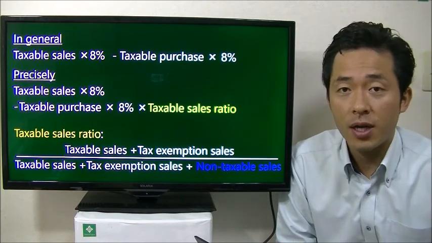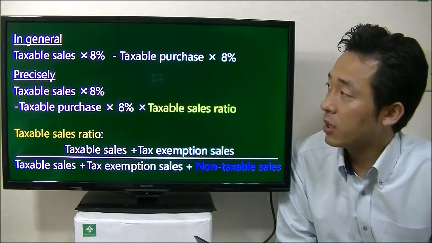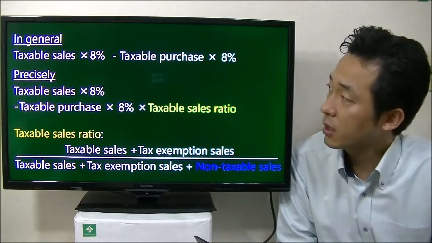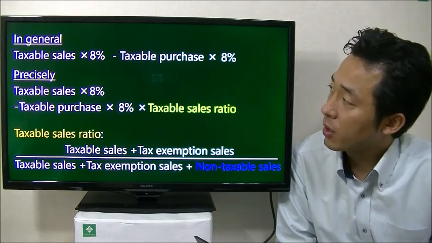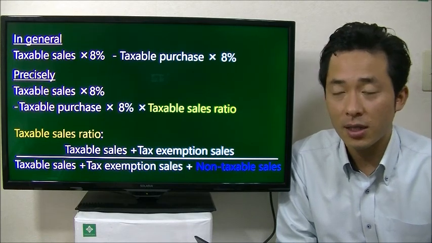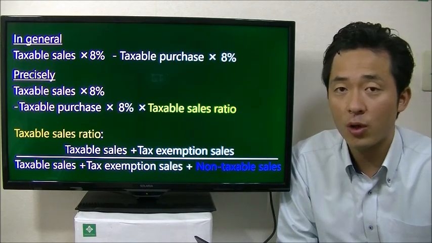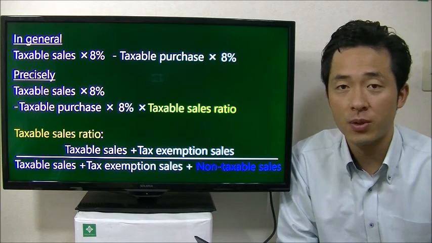In order to explain that, I want to tell you how the consumption tax is calculated. In general, it's taxable sales multiplied by 8% minus taxable purchase multiplied by 8%.